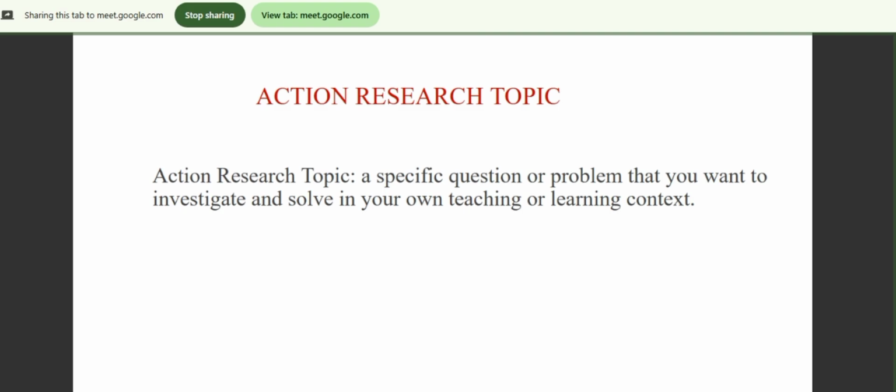So every research work that we partake in a classroom or in a school setting, we limit ourselves to an action research topic, because you identify a problem, you clarify, you do analysis, then you interpret the analysis. That gives out a complete action research. So with an action research topic, we are looking at a specific problem that you want to solve in your own way. That defines an action research topic.